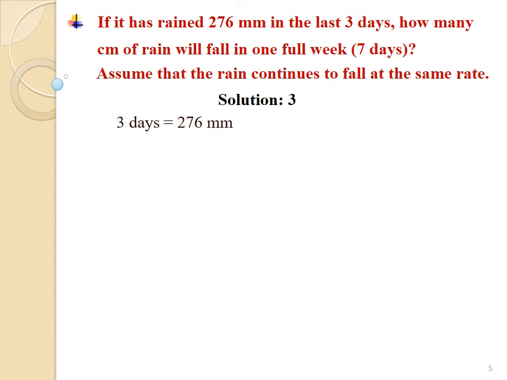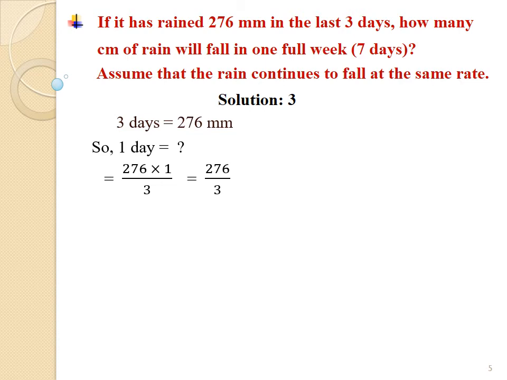So, measure of rain in 1 day equals to how much? By cross multiplying, we get 276 multiplied by 1 upon 3 equals to 276 by 3.